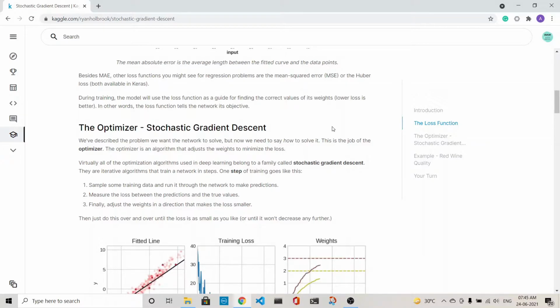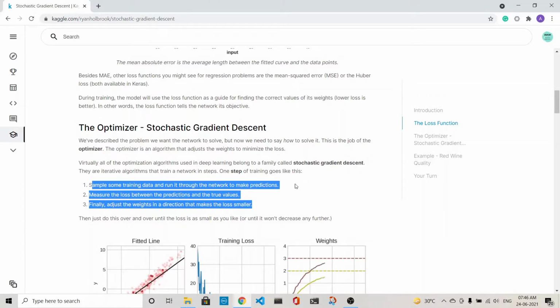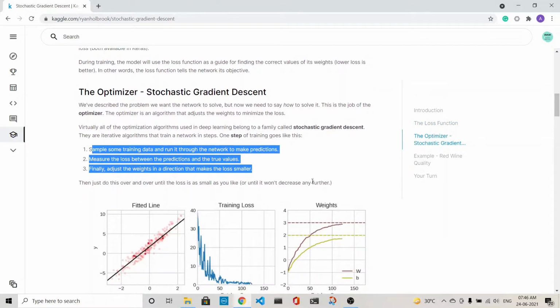You sample some training data and run it through the network to make predictions. The next step is that you measure the loss between the predictions and the true values. And then you finally adjust the weights in a direction that makes the loss smaller. So these three things are there in the optimizer for stochastic gradient descent.